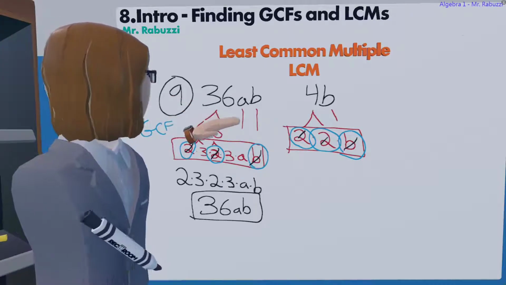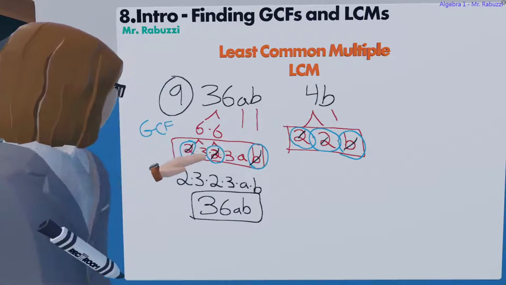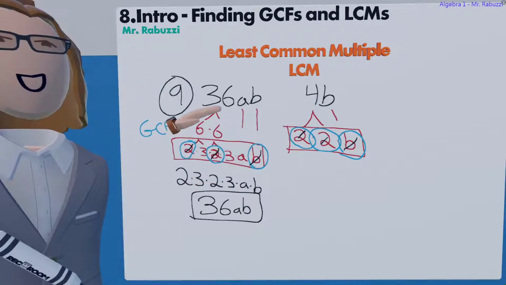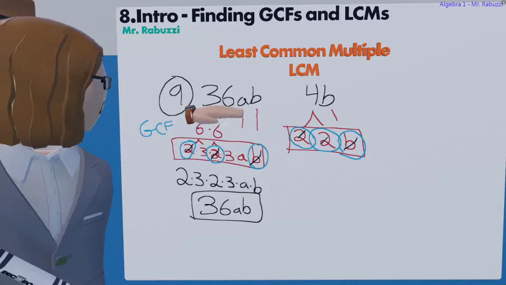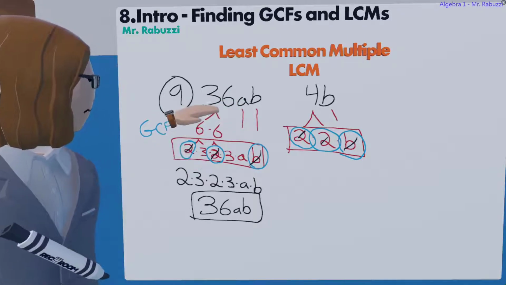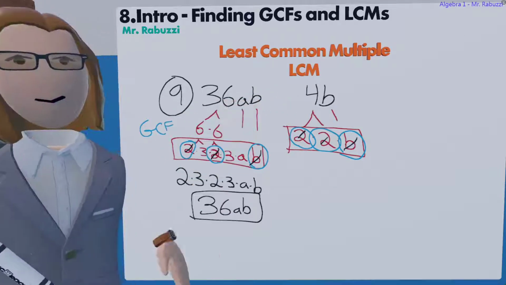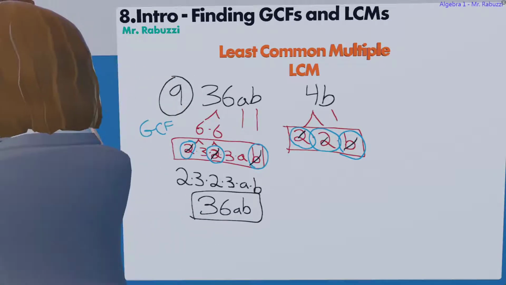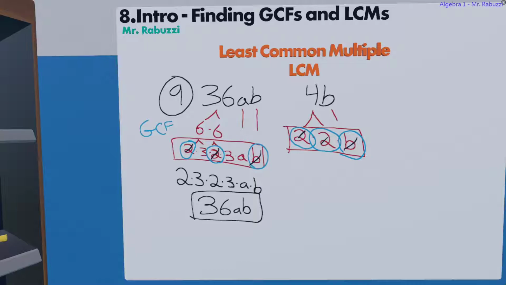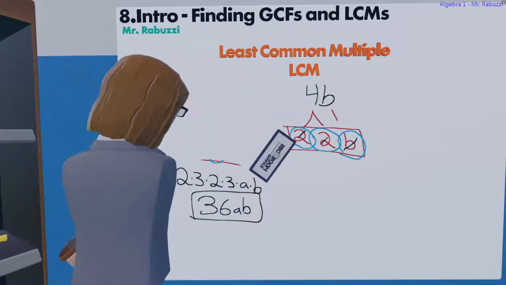That means we can multiply 4B by 3, 3, and A to get 36AB. 4 times 3 is 12, times another 3 is 36, times A and the B. So this time, one of the numbers was already the least common multiple. It's just interesting. It doesn't matter too much right now, but it's interesting to know that that works.